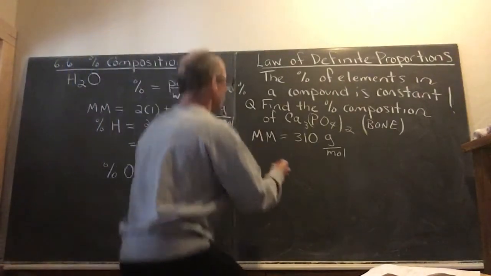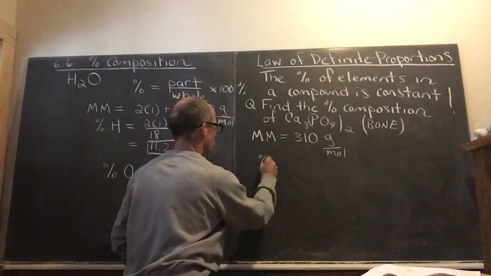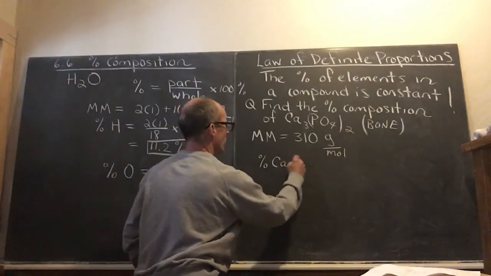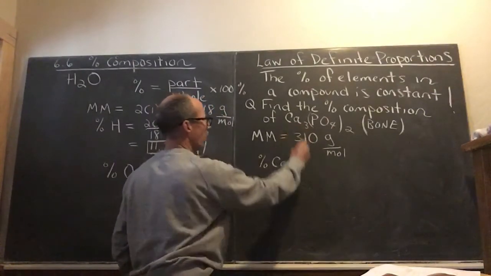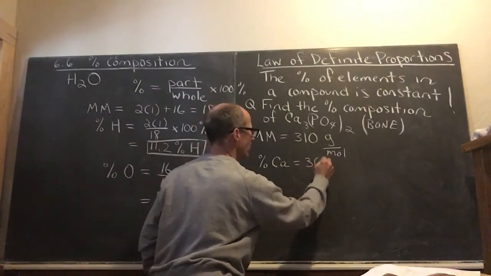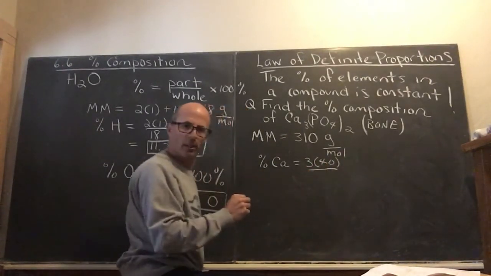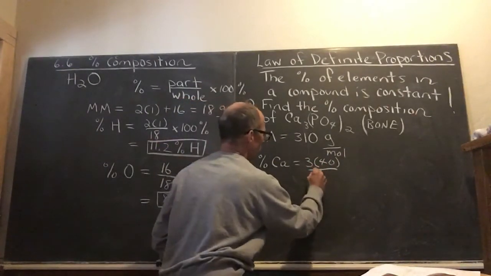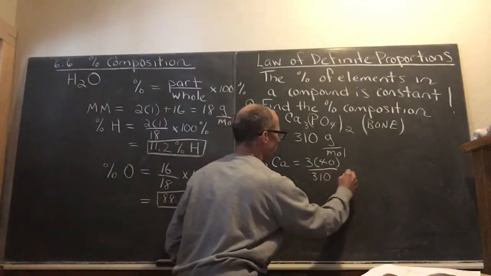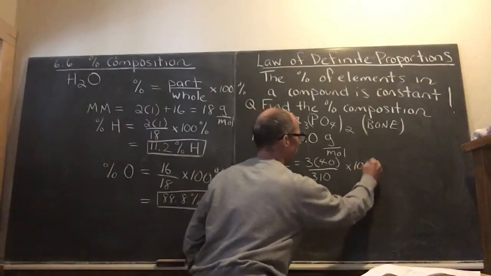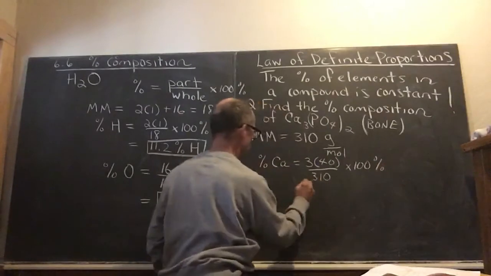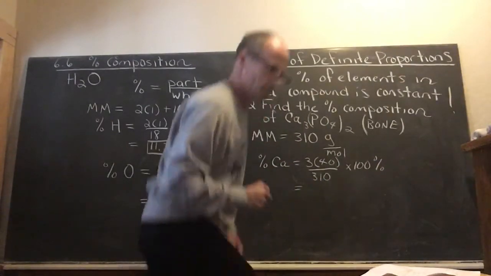Now we look at the percent of calcium in this beast. Ends up being there are 3 calciums and each one has a molar mass of 40 if you look it up in your table. So 3 times 40 divided by 310 times 100% will give us the percent of calcium.